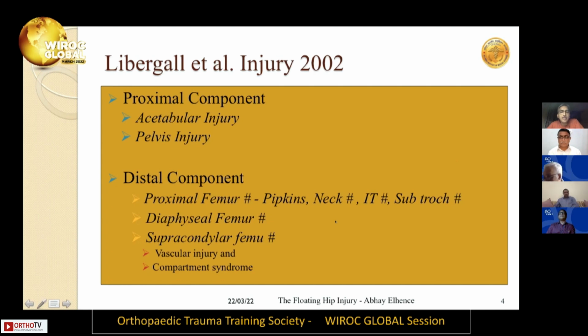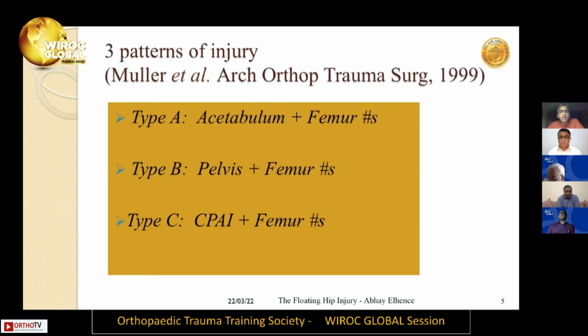And these fractures are sinister for the simple reason that they are very frequently associated with vascular injuries and compartment syndromes. So the three patterns that we see, and if you want to classify them as to how we think about these fractures, there are type A, type B, and type C. Type A's are basically acetabulum fractures, which are associated with ipsilateral femur fractures.